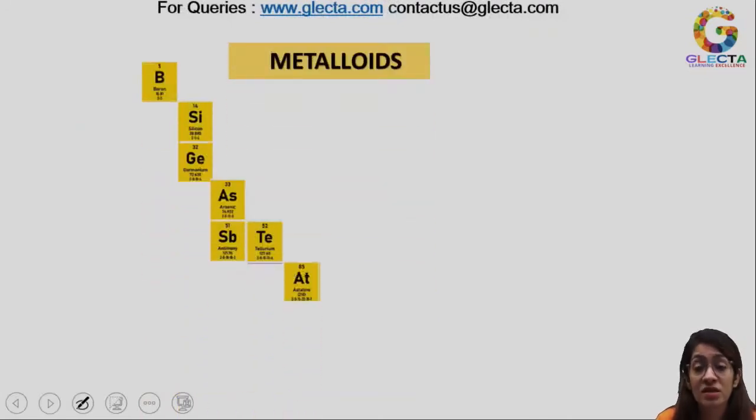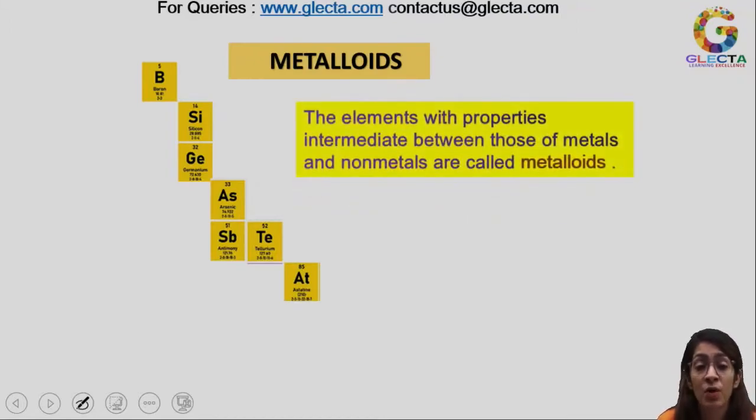The next comes the metalloids, and then the D block elements, which we also call the transition elements. The metalloids are boron, silicon, germanium, arsenic, antimony, tellurium. These all are the metalloids, the elements which have properties intermediate between those of the metals and non-metals.